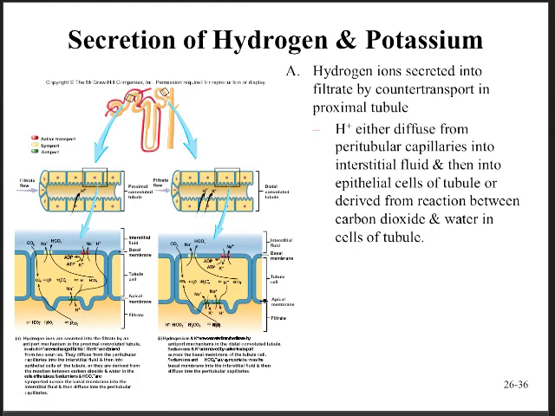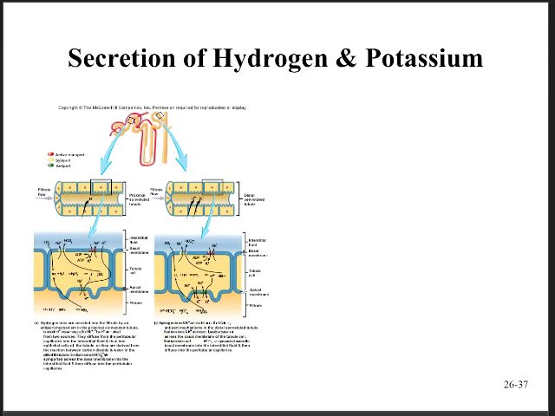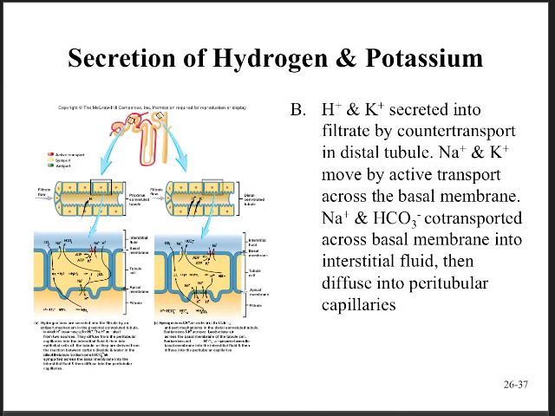Protons either diffuse from the peritubular capillaries into the interstitial fluid and then into the epithelial cells of the tubule, or derive from a reaction between CO2 and water in the cells of the tubule. Sodium and bicarbonate anion are transported across the basal membrane into the interstitial fluid, and they diffuse into the peritubular capillaries.